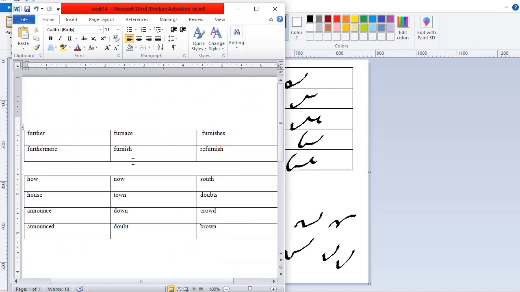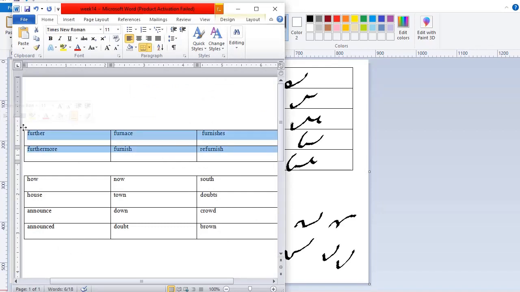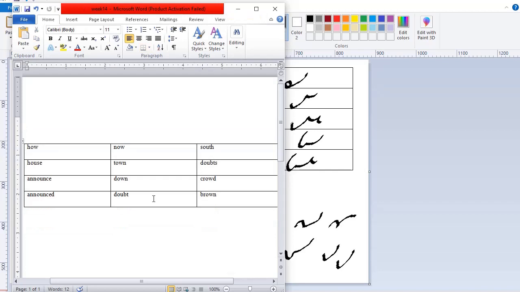Now, let's move on to our next set of words, which is words beginning fur. Okay? So, your fur sound is represented the same as the for brief form. We'll have the brief form na for, right?